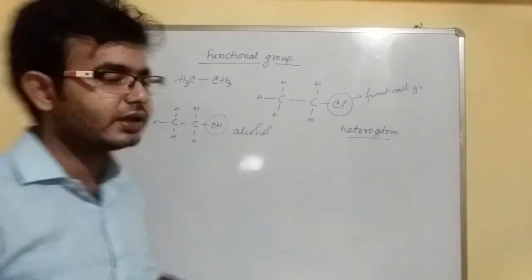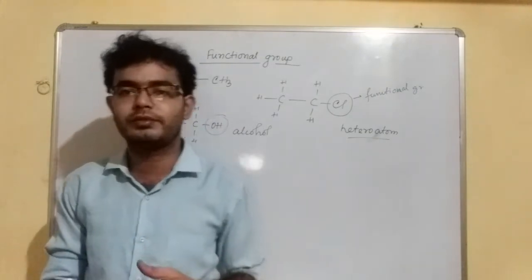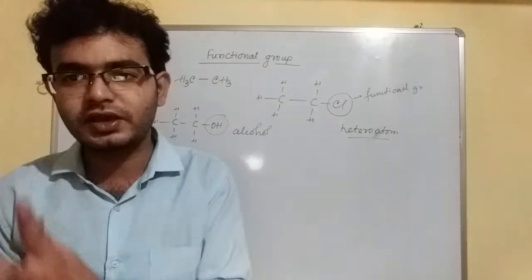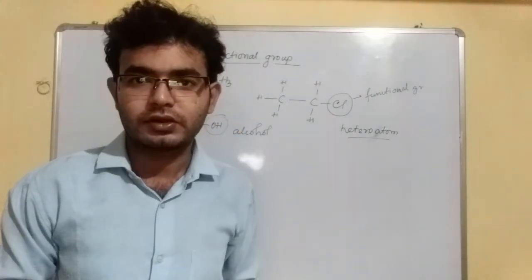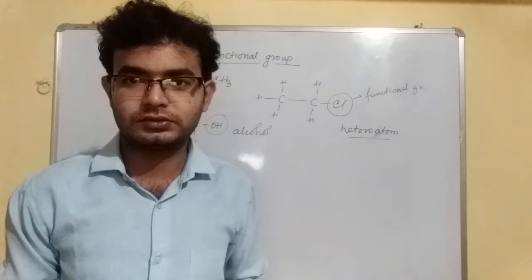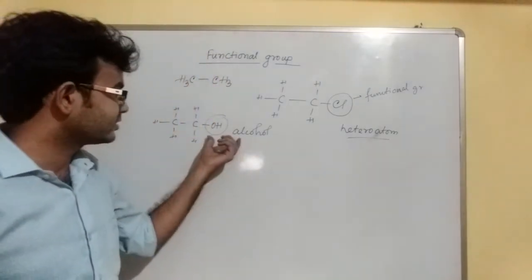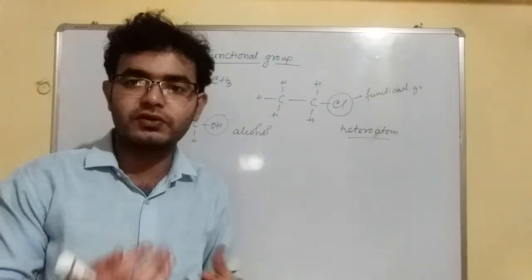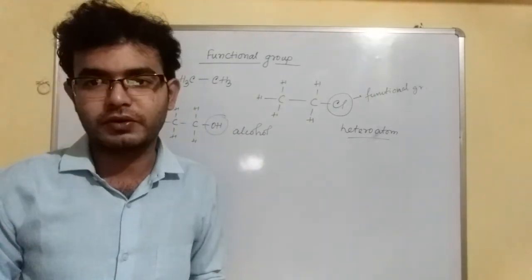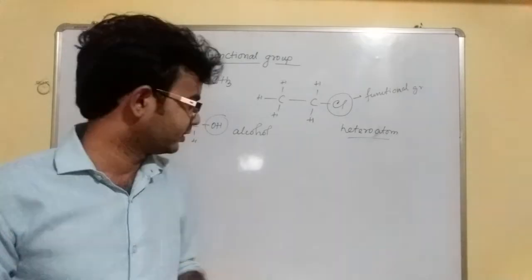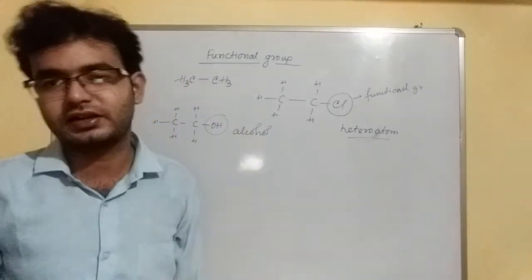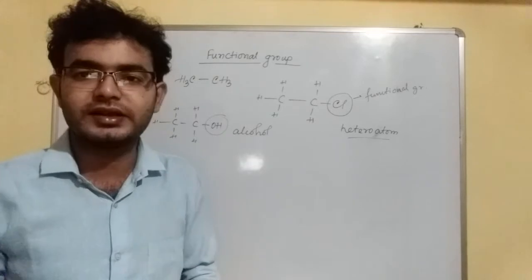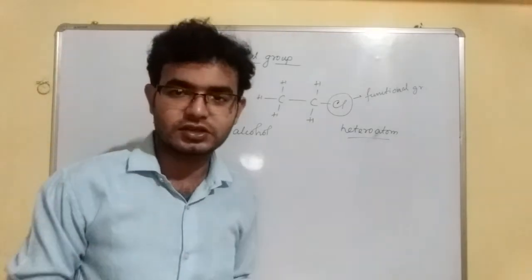Now I think it is clear that the element or group of elements which provides a specific character to the compound, showing a different character, is called a functional group.